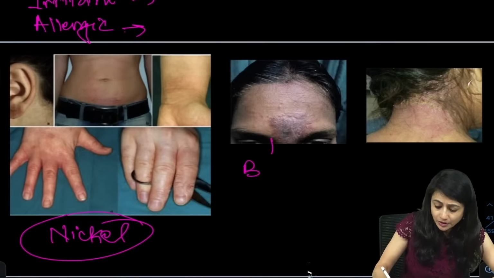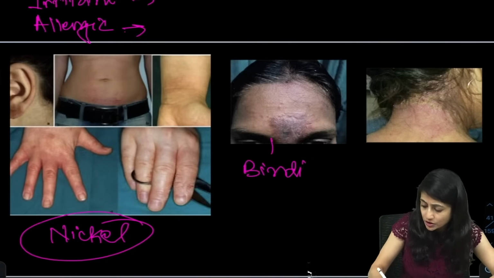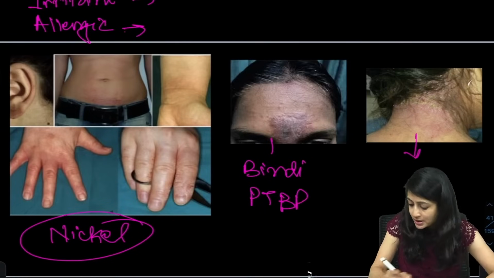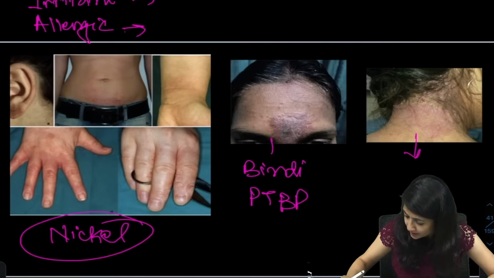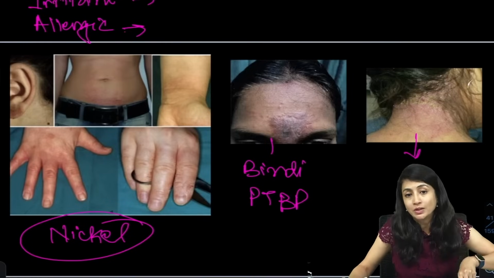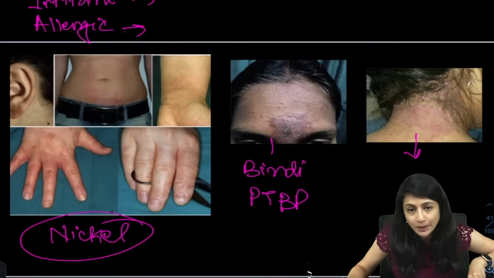This is bindi dermatitis, and the common allergen which is present here is para-tertiary butyl phenol. You're all right, PTBP. What is this? Okay, Dr. Prashant, it is not leukoderma. Please look at the image. In leukoderma, you will get a white patch.